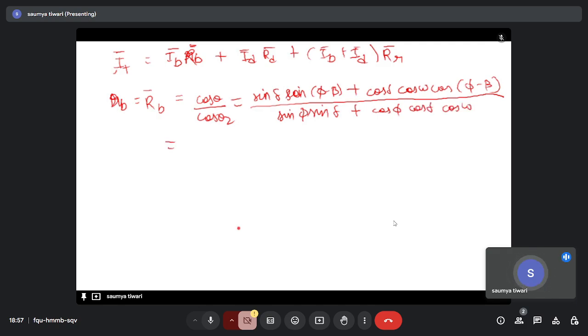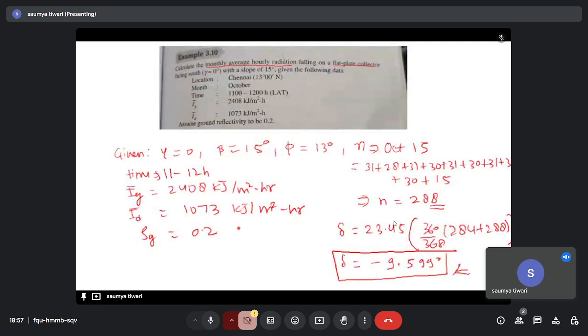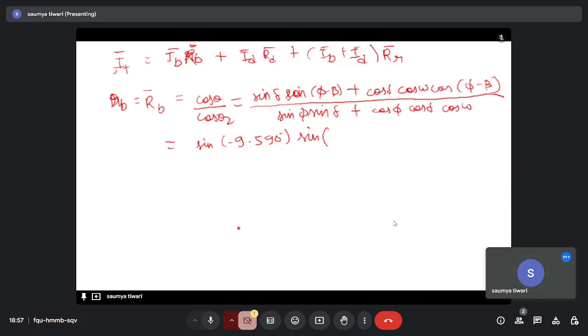Okay, so we'll put all the values. It will be sine of minus 9.599, and sine of phi minus beta. So phi is 13 minus 15, plus cos delta, which is cos of minus 9.599, cos omega, and cos of 13 minus 15.